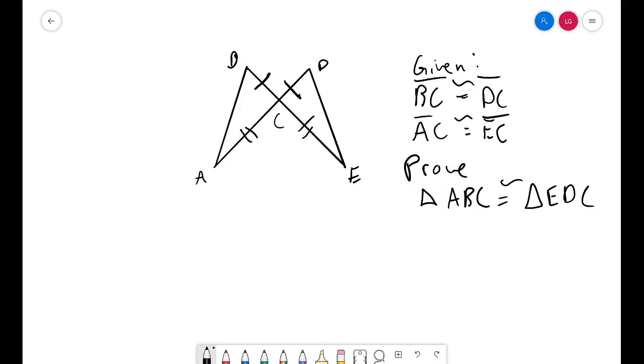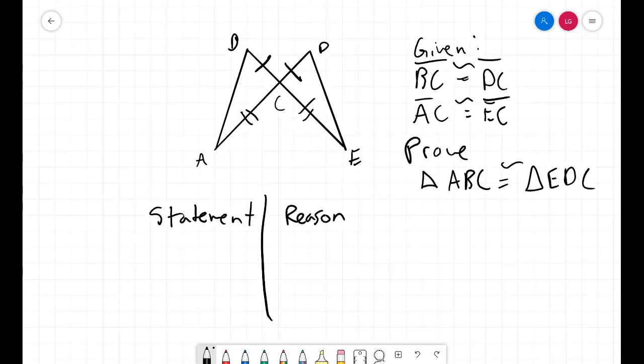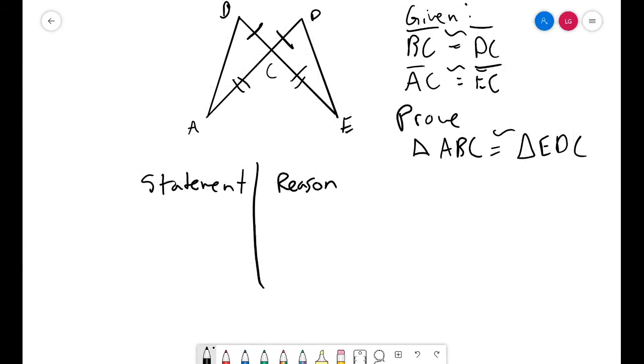So what do we have here statement-wise? Well, we start with our givens, per usual.